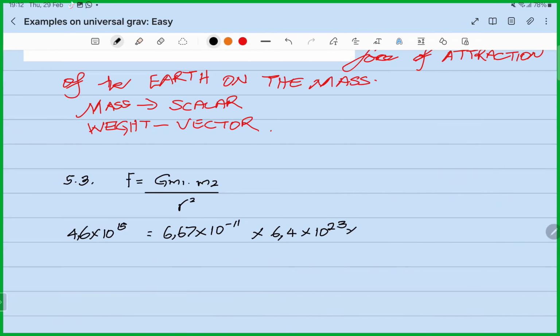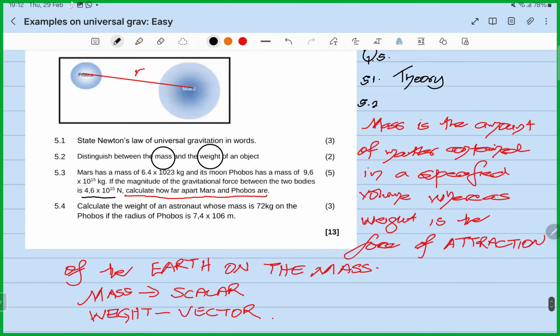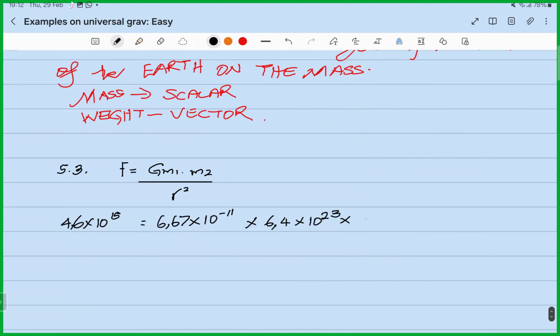The mass of Phobos, which is one of the moons, 9.6 times 10 to the 15, over R squared.